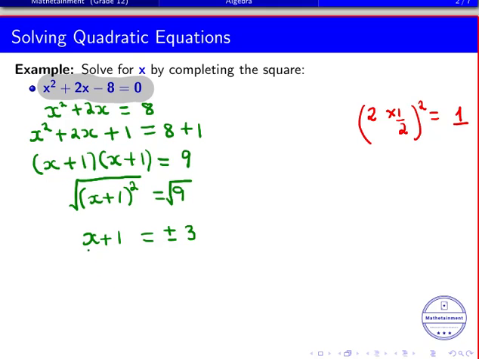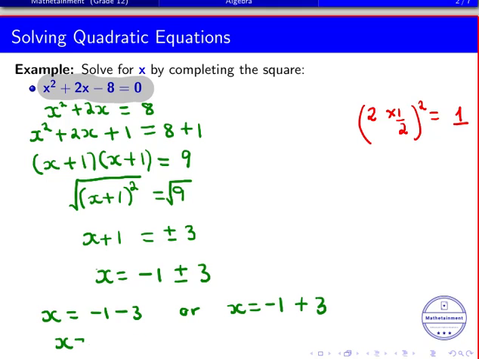Now, from here, I just want to solve for x. So from here, I have x being equal to negative 1 plus or minus 3. So this means that x is equal to negative 1 minus 3, or x is equal to negative 1 plus 3. And therefore, x is equal to negative 4.